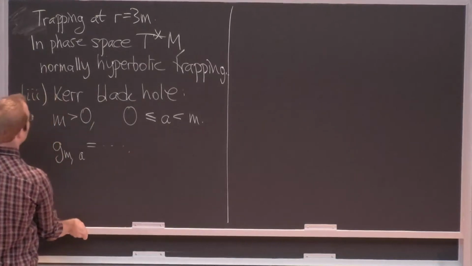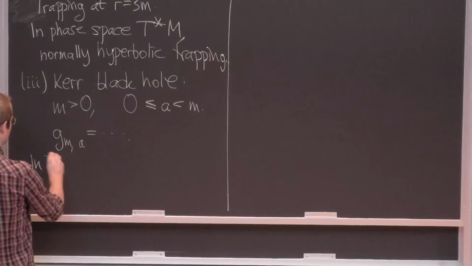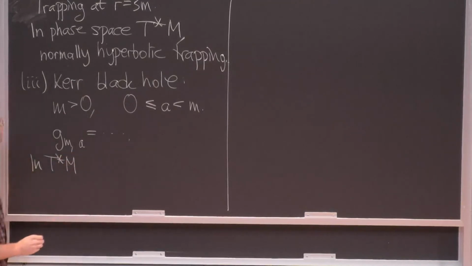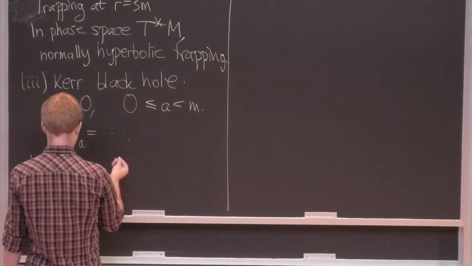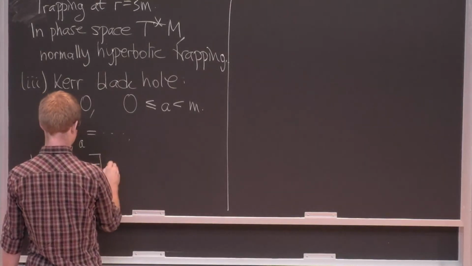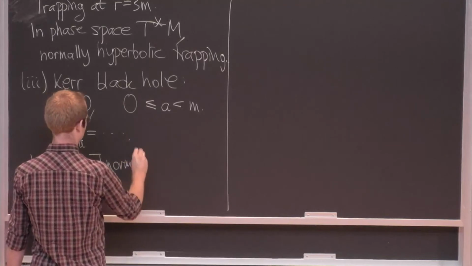And again, it turns out that in phase space, in T star m, there again exists a submanifold of positions and momenta such that the null geodesics starting at these positions with that initial momentum orbit the black hole indefinitely without ever escaping off to infinity or falling into the black hole. OK, so you again have normally hyperbolic trapping.